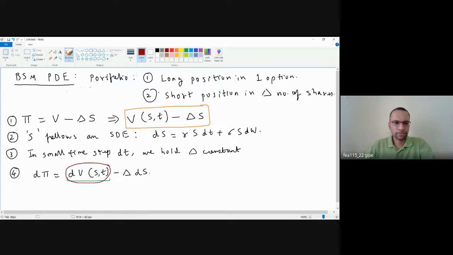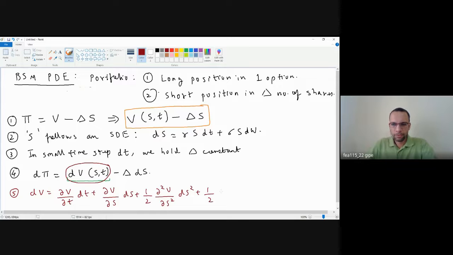Doing that, step number 5, I can say dV is equal to partial V by partial t into dt plus partial V by partial S into dS plus 1 by 2 d2V by dS square into dS square plus 1 by 2 d2V by dt square into dt square, and so on. This is nothing but applying Ito's lemma.